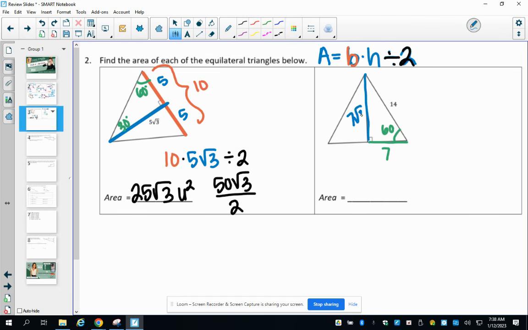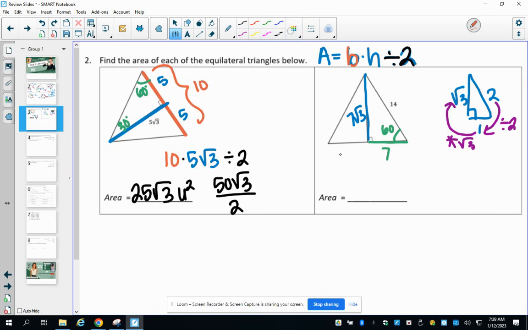So this is 7 square root 3, matching up with those 30, 60, 90 formulas or parent triangles: 1, square root 3, 2, right? So take the hypotenuse divided by 2 to get to the short leg, and then the short leg times the square root of 3 gets us to that longer leg.